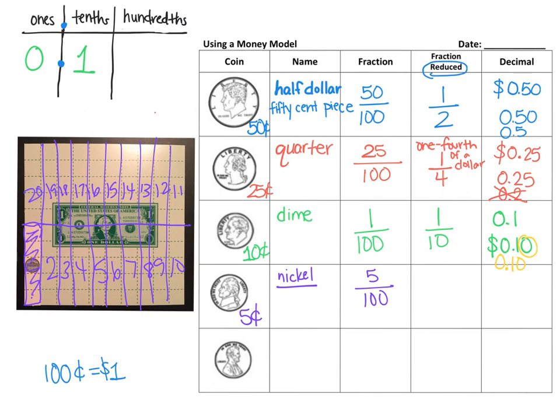So this is 1 part out of 20. Therefore, a nickel is 1/20th of a dollar. Let's write that down.